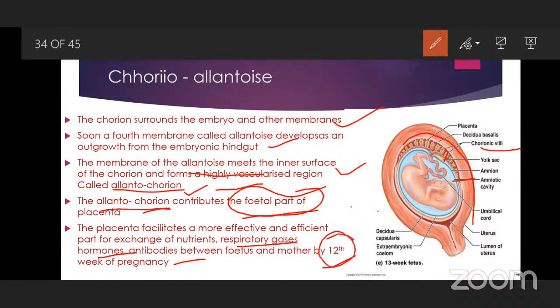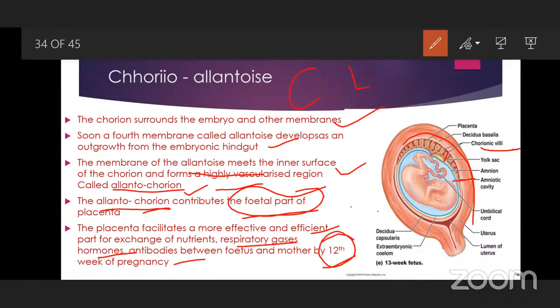So once the placenta is formed, it will perform all these functions, as well as take over the function of the corpus luteum. We have seen that if there is fertilization, the corpus luteum persists for 3 months.